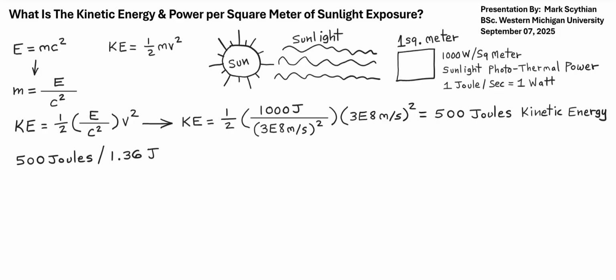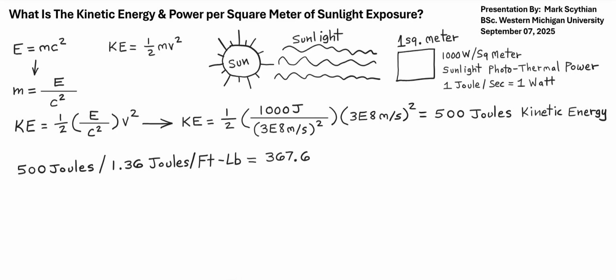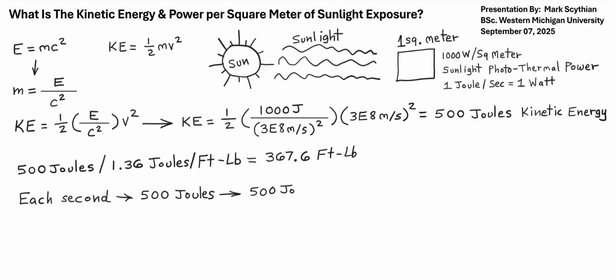So if we divide this by 1.36 joules per foot-pound, we then get 367.6 foot-pounds of kinetic energy, or 500 joules kinetic energy per square meter of sunlight exposure. So each second, 500 joules of energy are transferred, so that's 500 joules per second, or 500 watts of power, or 367.6 foot-pounds per second.